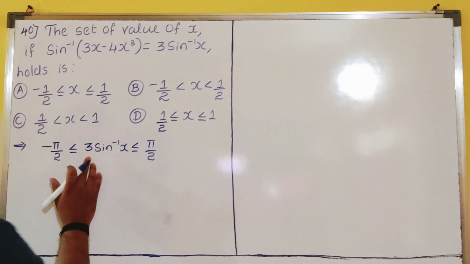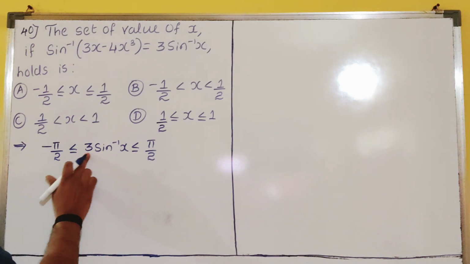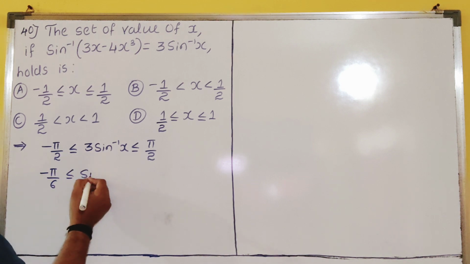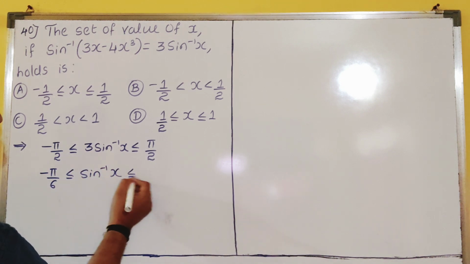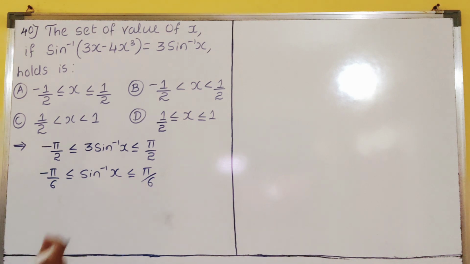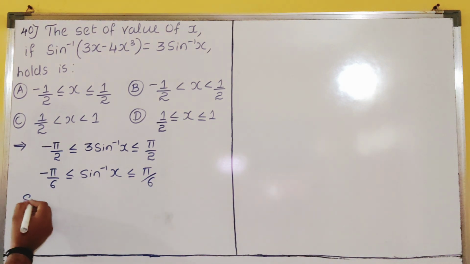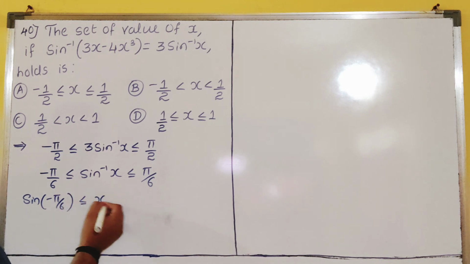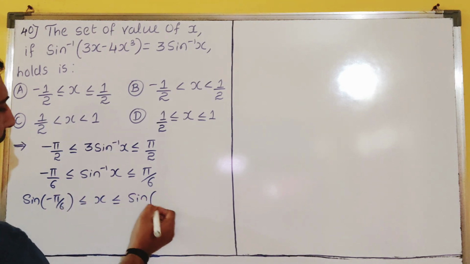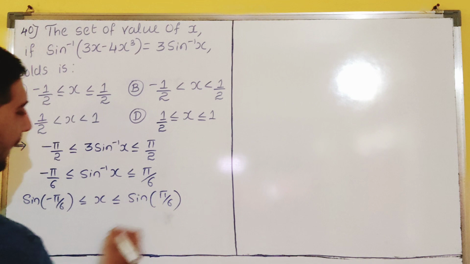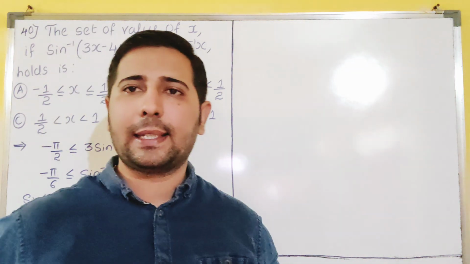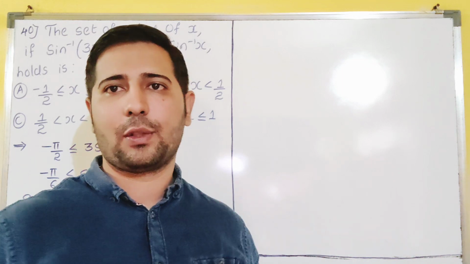Fine. So now divide by what? 3, dear students. Divide by 3: minus pi by 6 less than or equal to sine inverse x, less than or equal to pi by 6. Sine inverse, if you take this side, sine of minus pi by 6 and sine of plus pi by 6. Correct? Pi by 6 means how much? 30 degrees, dear students.